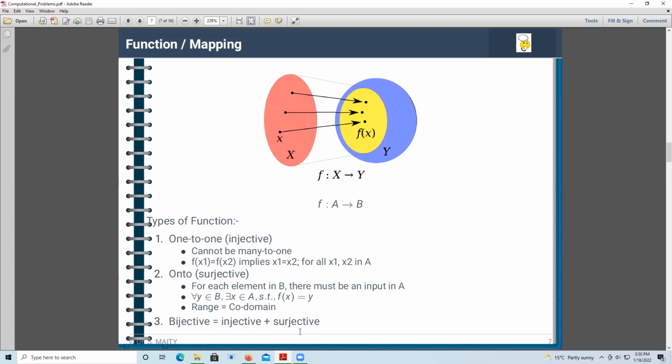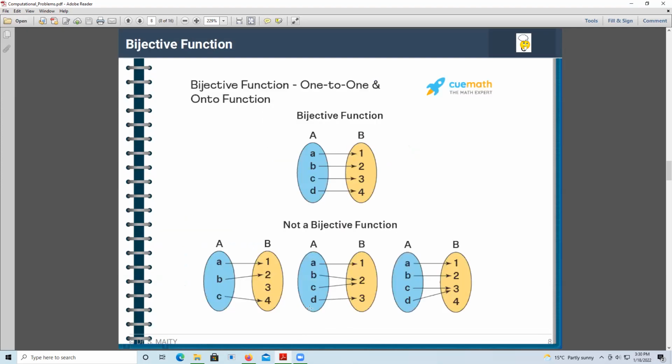Fine. So that is a bijective function. The examples are shown here in the diagram. This is an example of a bijective function. This is not an example of a bijective function. Why? Because for this output, we can see there is no corresponding input. That means it violates the onto property.